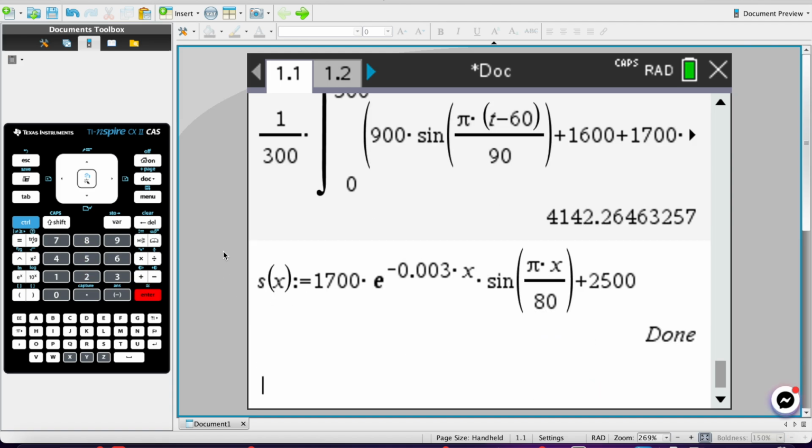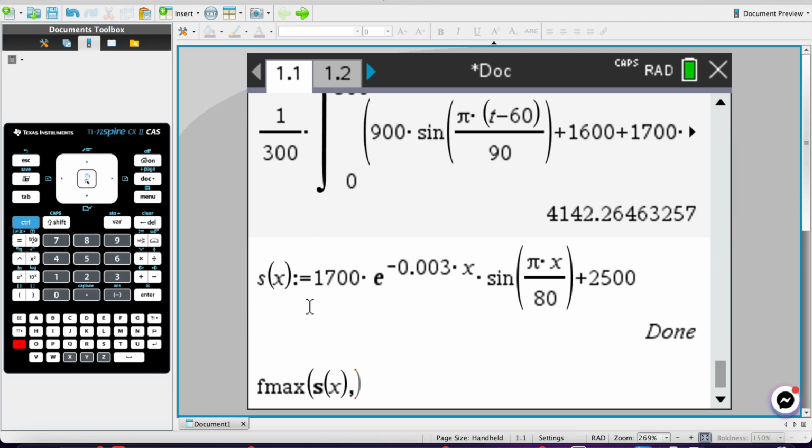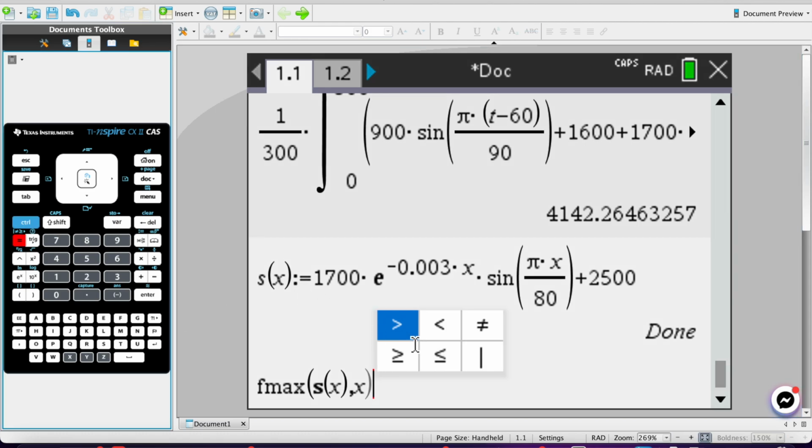And we want to solve the derivative equals 0, or we'll just do on the CAS f max of s of x, comma x, and we will say from 0 to 320.